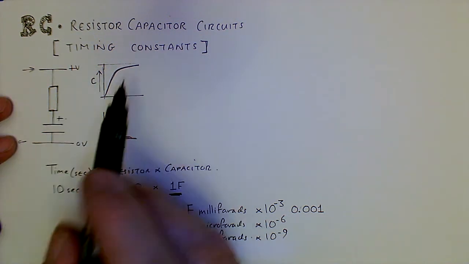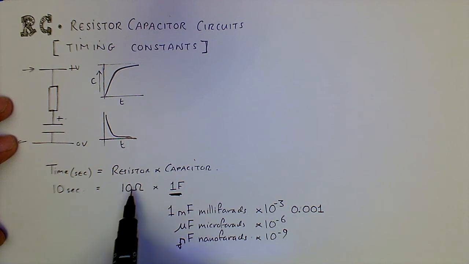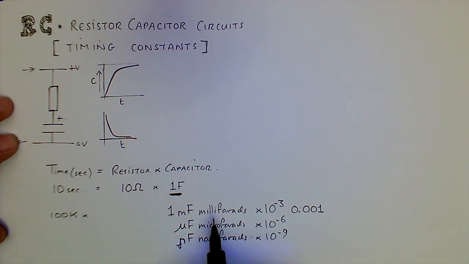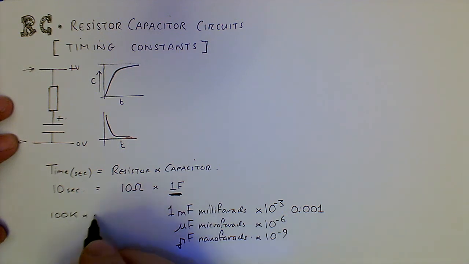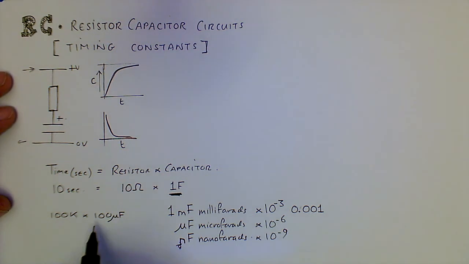So, working out time constants, you can end up with situations where you've got quite large resistors, 100k, multiplied by quite small capacitors. This is something that you need to be aware of and again practice. So let's have a look at this one in a bit more detail.